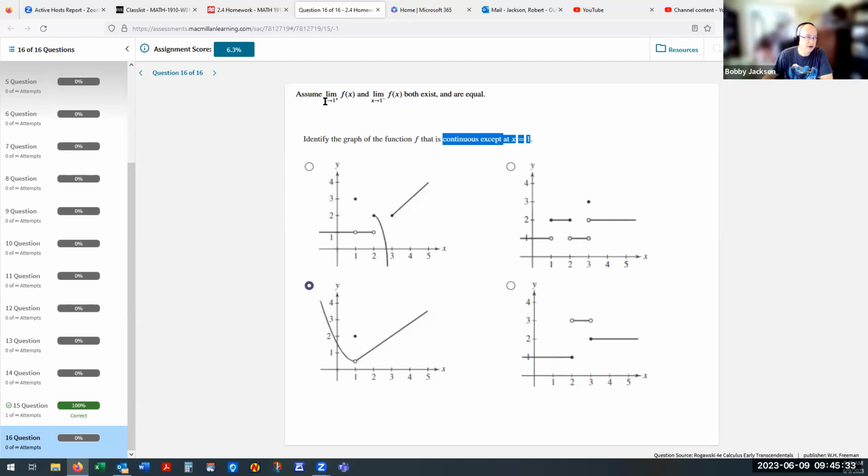This one does satisfy the requirement. It's continuous at 1, actually, so it violates this statement really badly, because it's continuous at 1, and discontinuous at 2 and 3. Okay, so kind of a silly one in a sense when they put that statement in, but that is the correct choice based on that one statement.